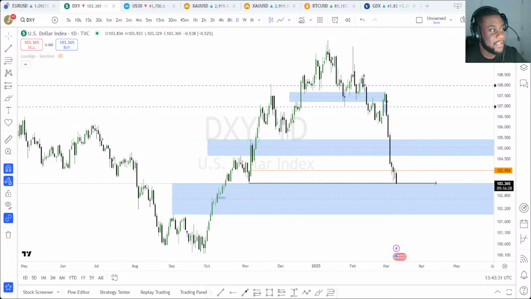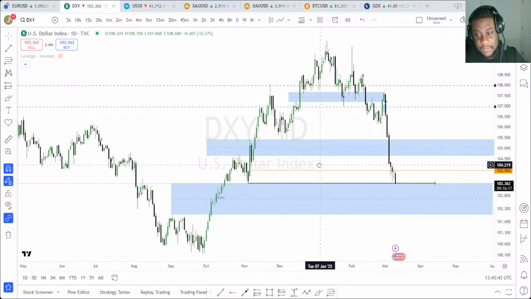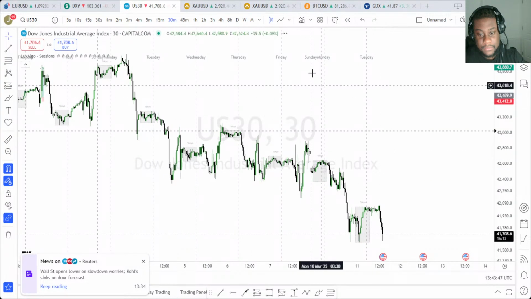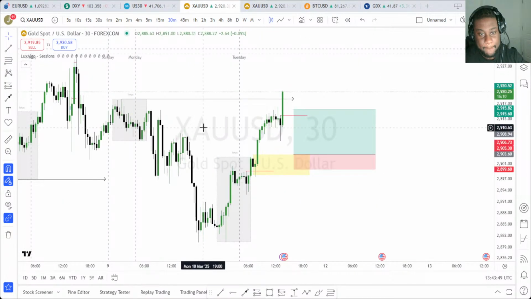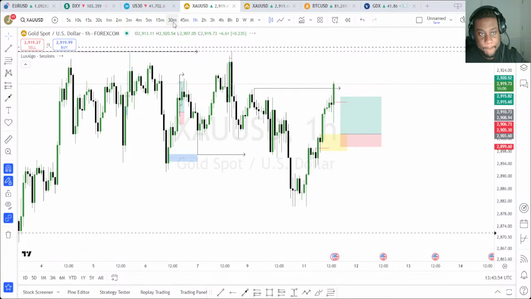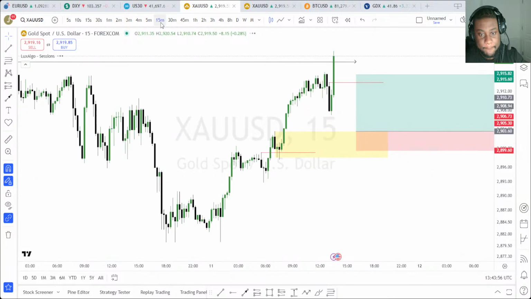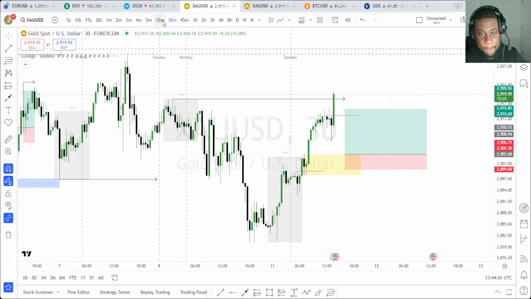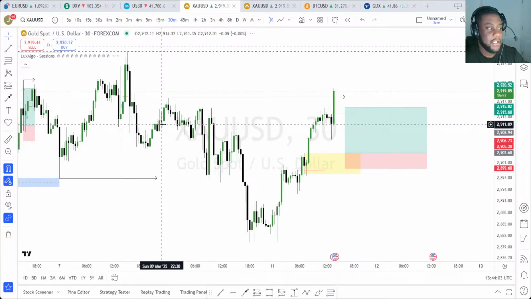So for the time being, it does look like dollar weakness is going to be the main play, guys.